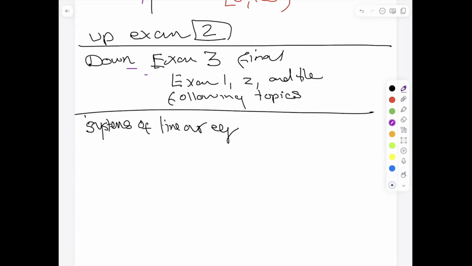Yes, no? What did I say? Anything down is going to be for what? Exam 3. Right. So do not study this for tomorrow. This is for Tuesday. Systems of linear equations. This is section 7.1.